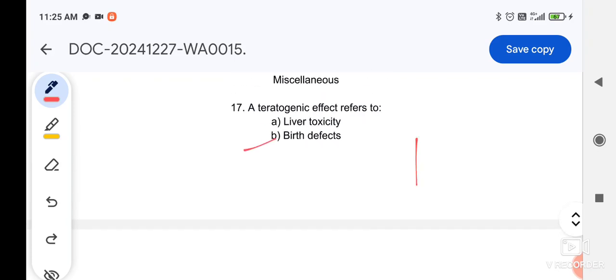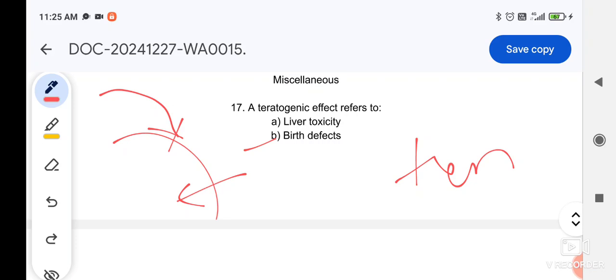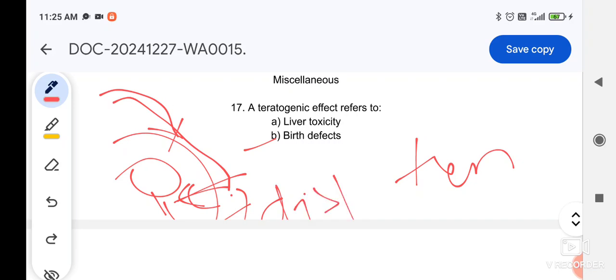Teratogenicity means that when a lady is pregnant and the baby is growing in her womb, if she takes some medicine that crosses the placenta easily, that drug affects the baby, and the baby may be born disabled.